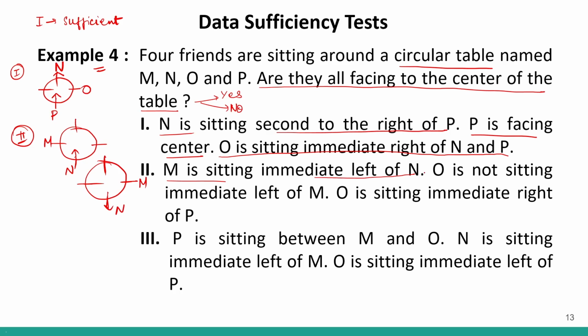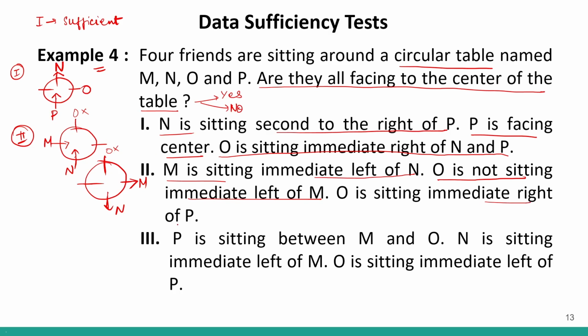O is not sitting immediate left of M. So if M is over here, O will not be sitting over here. That means O will be facing this side. That is why O cannot come here.